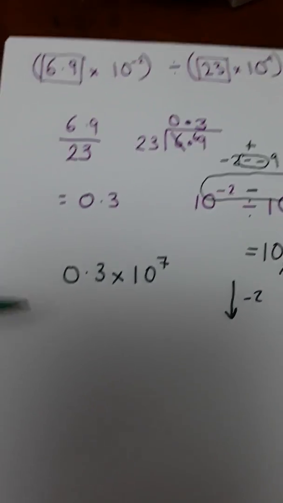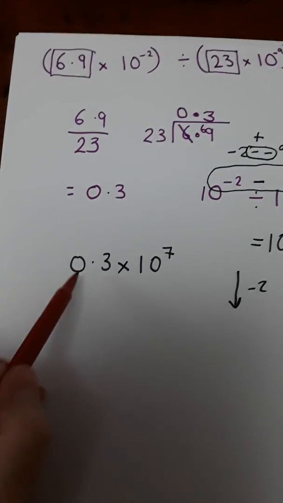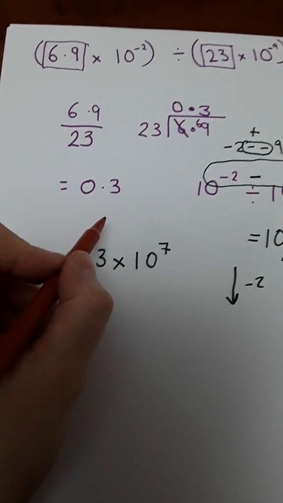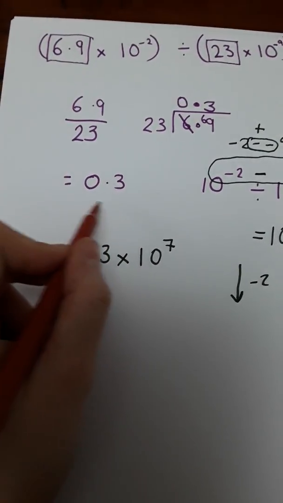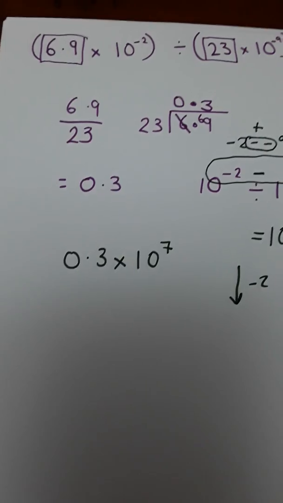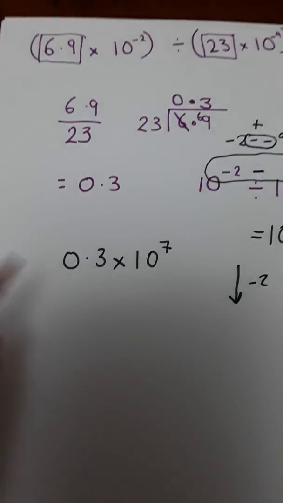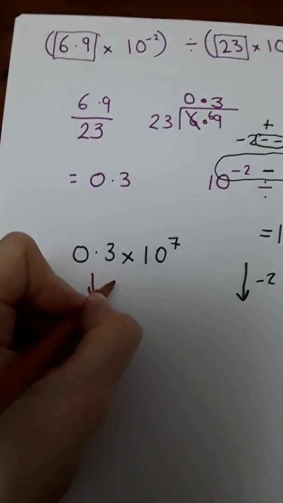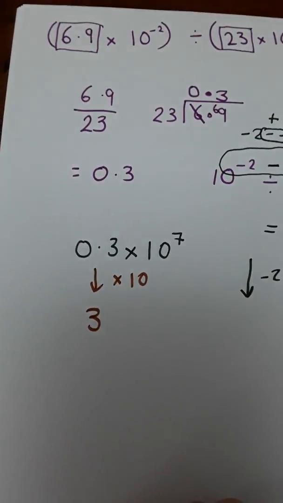Most people would stop here, but actually that's not correct, because 0.3 is less than 1 to 9.9 recurring, and that's the range that our number has to fit in between. So what we're going to have to do is make this a whole 3 by timesing by 10.